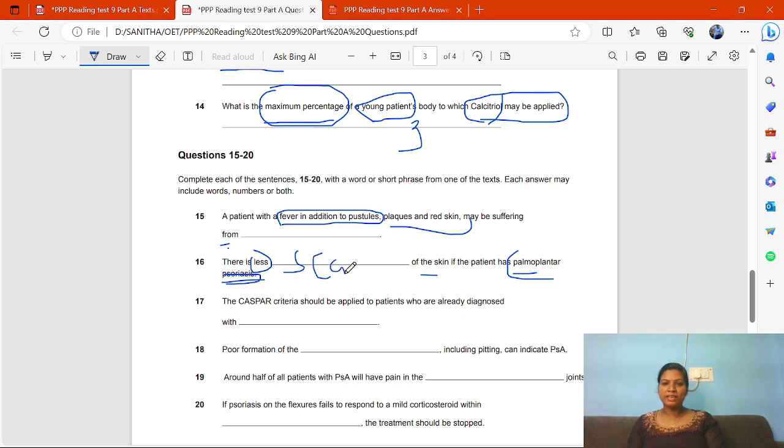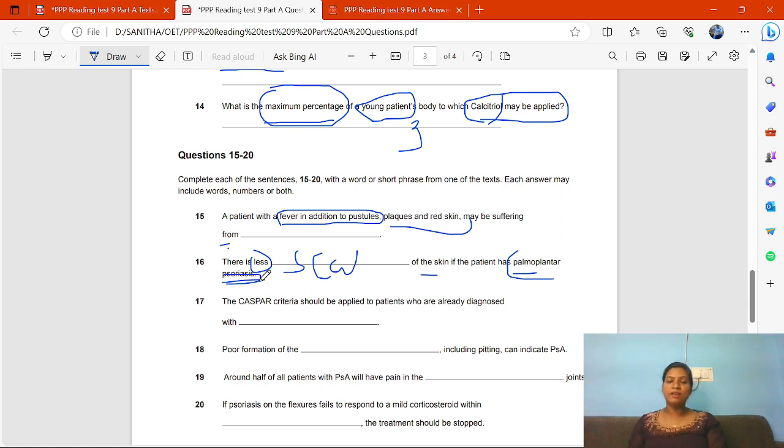How did we get the answer? They gave palmoplantar psoriasis, but we went to passage A and searched for palmoplantar psoriasis, and we didn't get that word there.